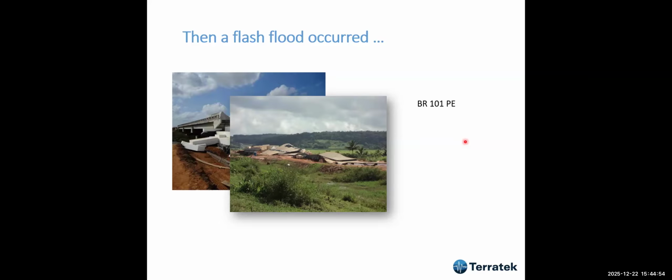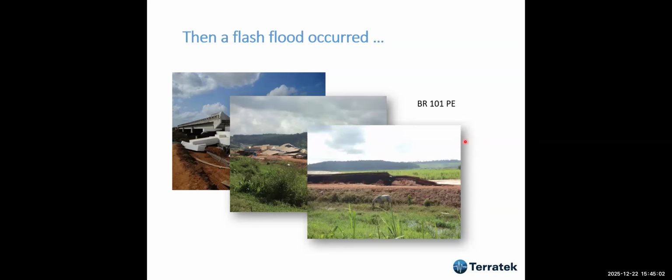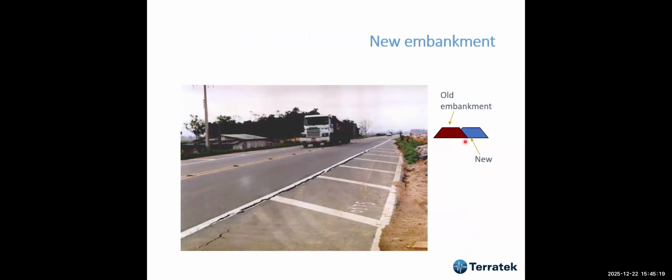What the flood caused was that everything floated. The EPS floated and destroyed the pavement. So a big lesson I had to learn is not to use it in cases where you can have floods.